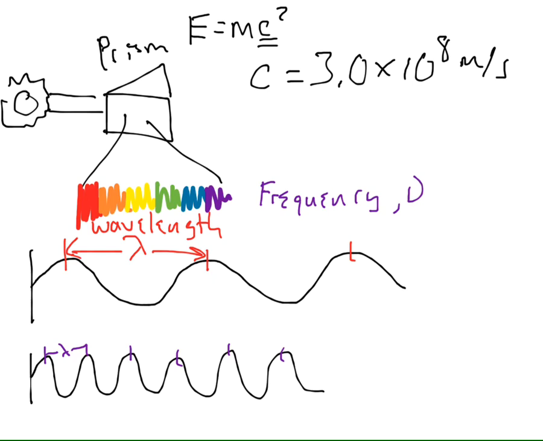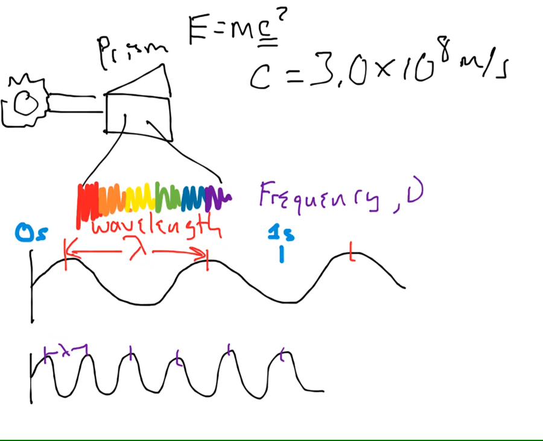So what you do then with frequency is you measure, okay, how many waves will pass a certain point? So let me go over here. Let me use blue. So let's say this is time 0 seconds, and let's say right here is time 1 second.